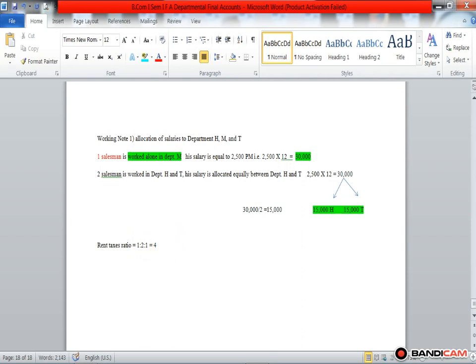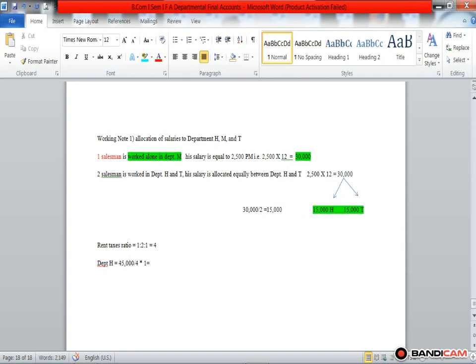So distribute by the ratio. For department H it is 45,000 divided by 4 multiplied by 1.